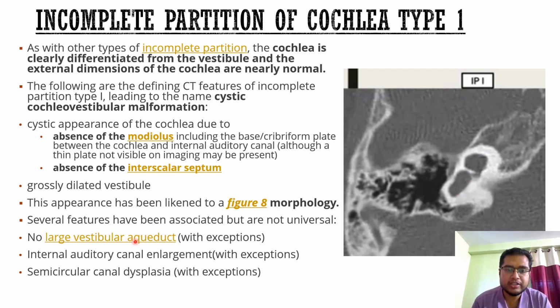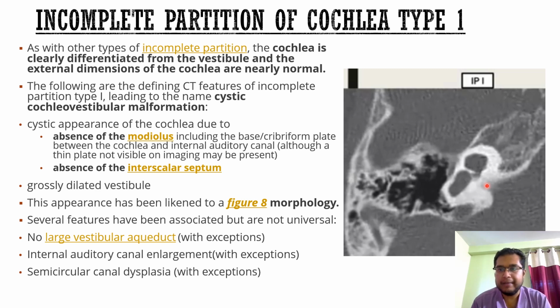And there is usually no associated large vestibular aqueduct, so there is no gusher in this particular case. But there are exceptions. What we have to typically remember is this figure of 8 appearance, no large vestibular aqueduct, absence of modulus, and cystic cochleovestibular malformation.